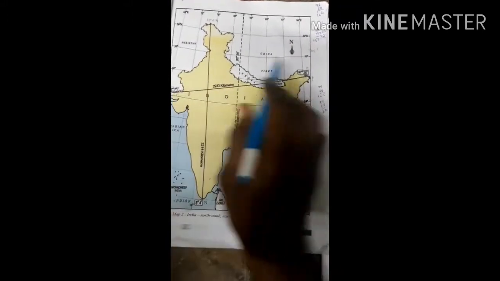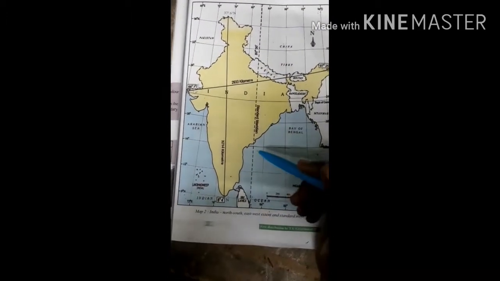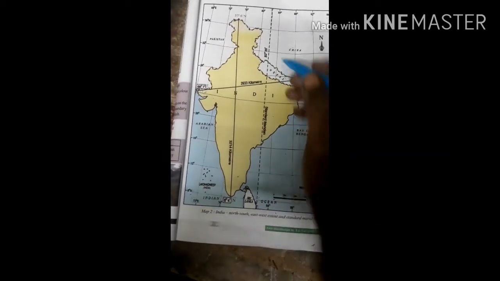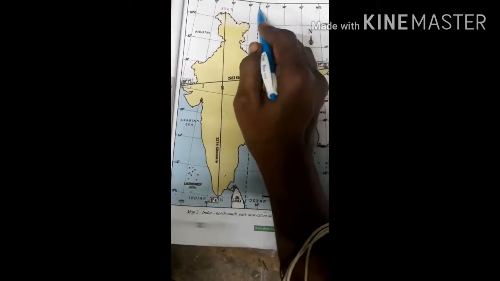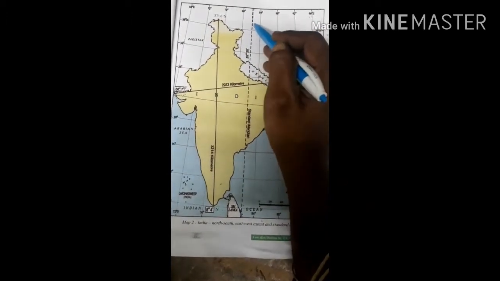Because it is situated in the center of all longitudes and latitudes. Okay, clear? Why did we take 82 degrees 30 minutes longitude as our Indian Standard Time? Because it is situated between all longitudes and latitudes.